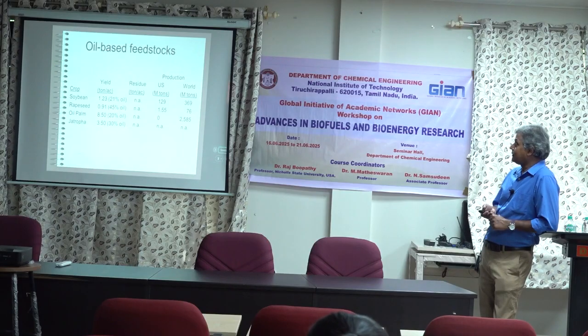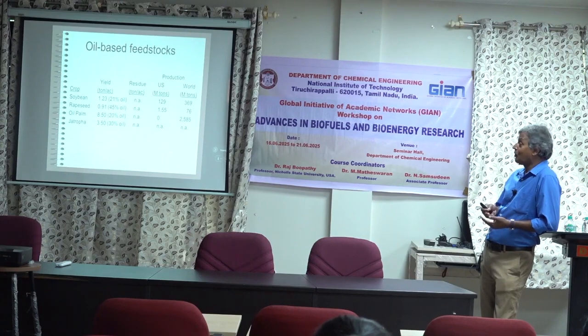So let's look at some of those yields. Soybean per acre, you produce 1.23 ton per acre, 21% oil. If you convert that tonnage per acre, you can make 129 metric tons from 1 acre. And the production in the US is 129 and the worldwide is 369.